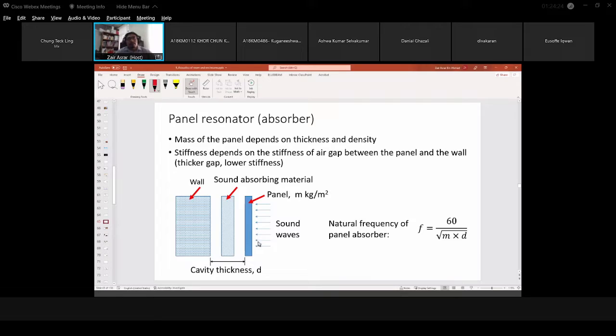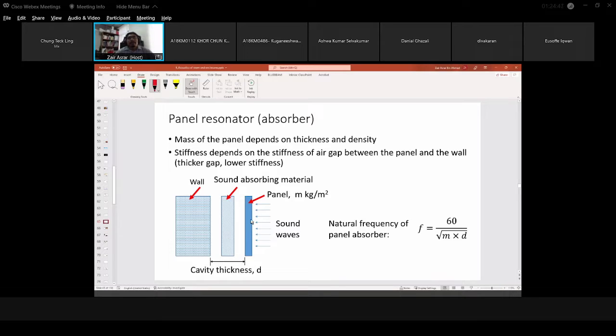At the front here you have your panel, and here you have your concrete wall. We know a concrete wall will not be absorbing sound, it is basically insulating sound. So we have the panel that can absorb sound to a certain degree.